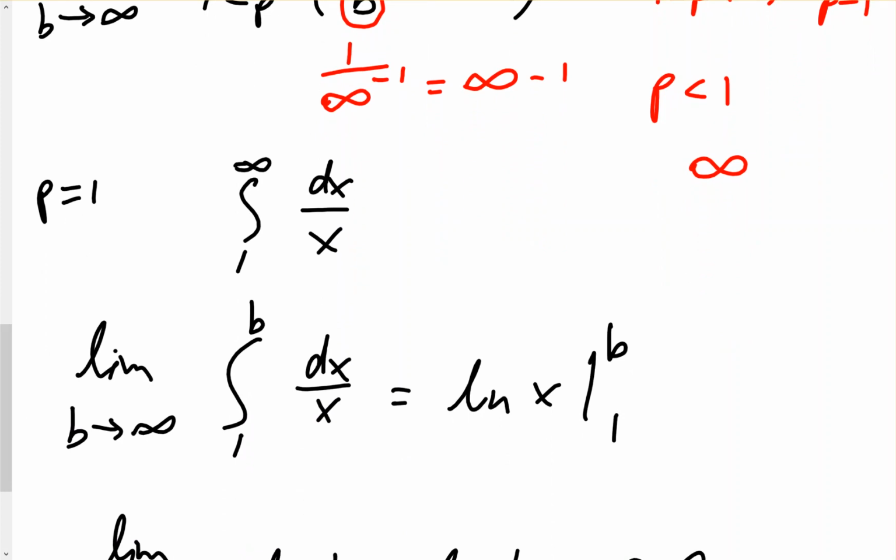Okay, let's take a look at another example. What happens here? We have integral from a to 1 of dx over square root of x.